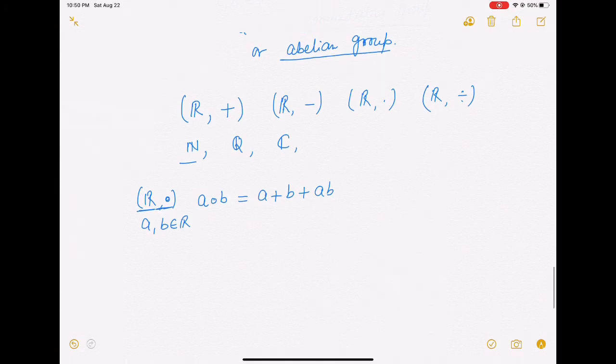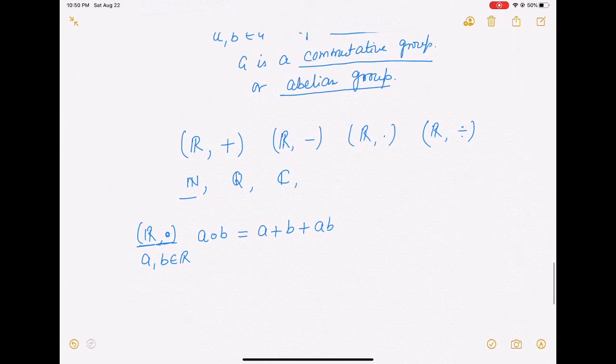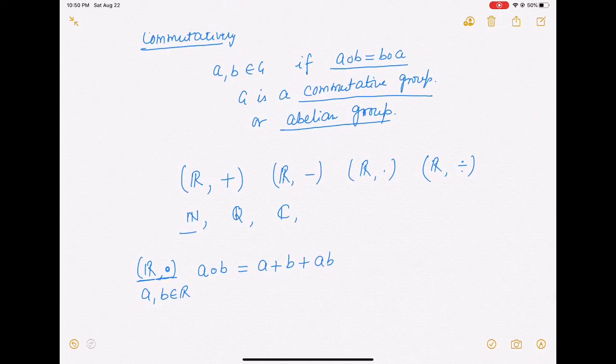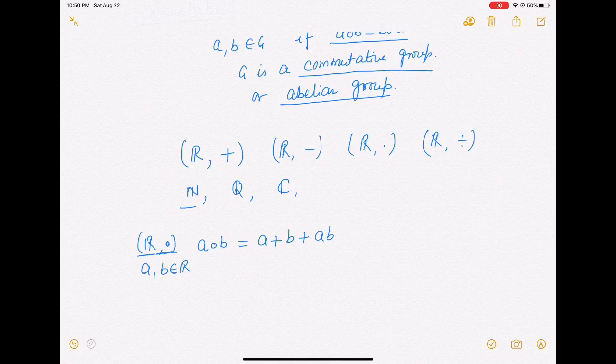Now, whether R with this operation forms a group or not. So these types of problems you need to solve. Try yourself and find whether all these sets, or any set that you have chosen, form a group or not. So let us stop here.